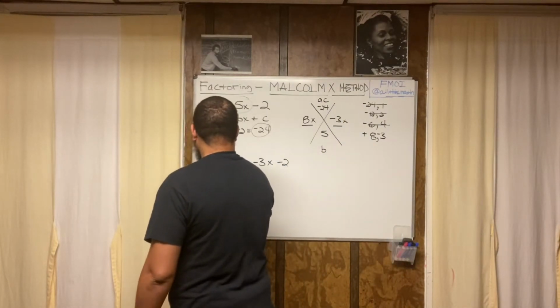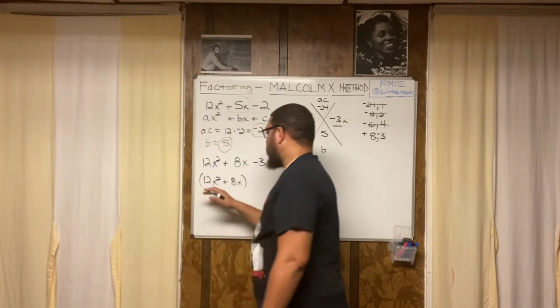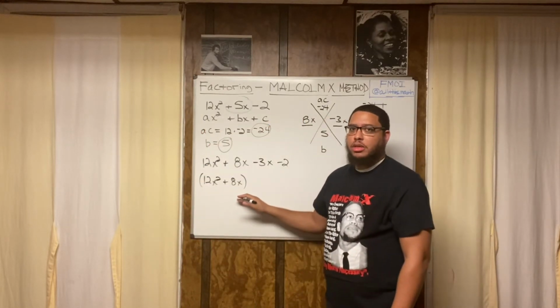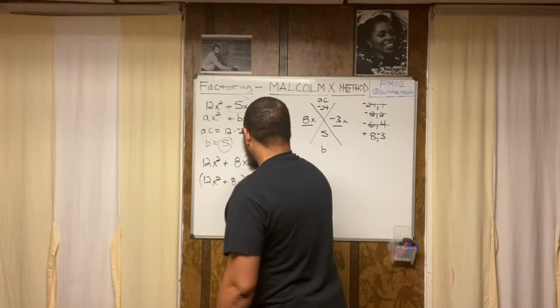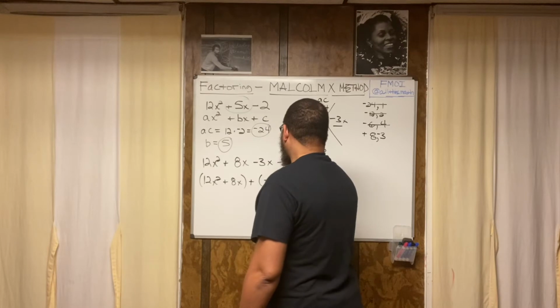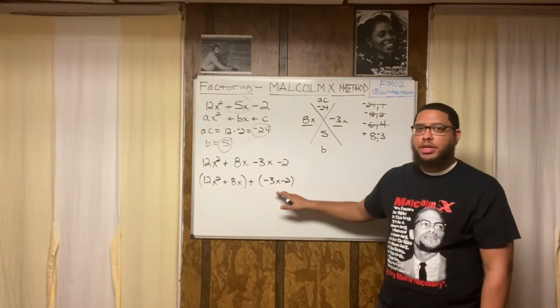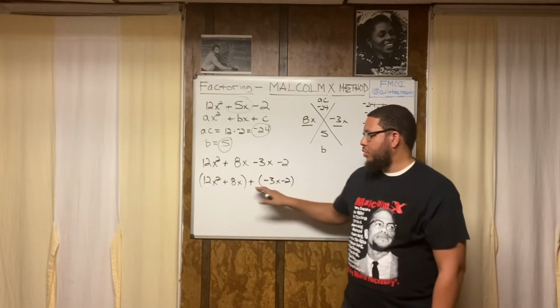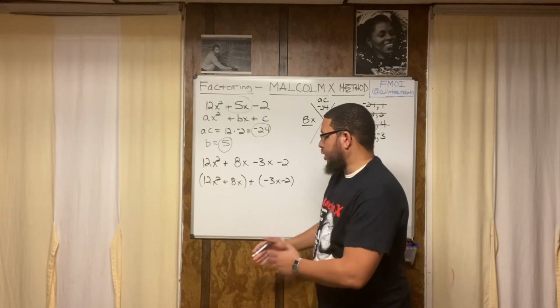Let's call this first group 12x squared plus 8x the Organization of Afro-American Unity, or the OAAU. And the second group, plus negative 3x minus 2, we'll call that the Muslim Mosque Incorporated. So these are the 2 groups that you're going to create, similar to the 2 groups that Malcolm X created toward the end of his life.